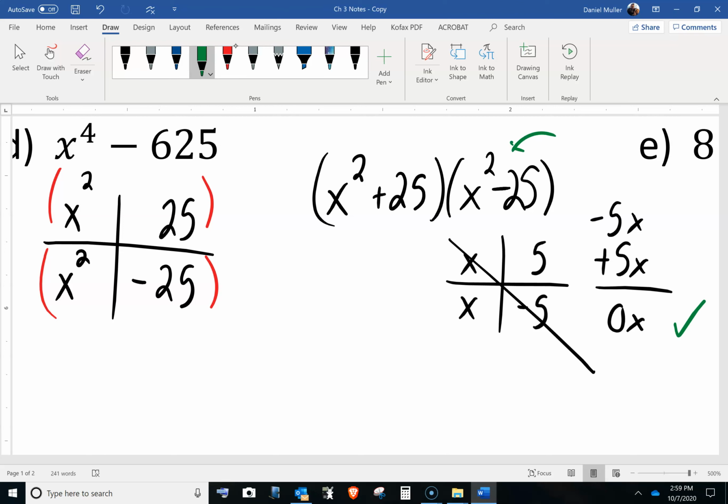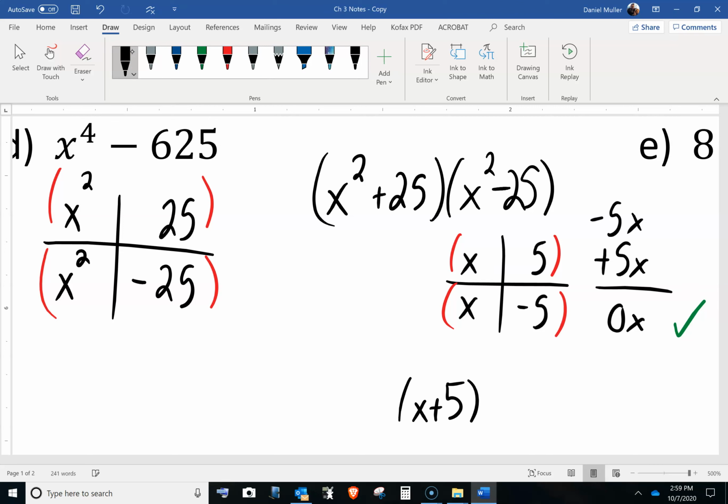There is no x term in there. So what I actually have is this x plus 5 and x minus 5. That's my answer, kind of. So I have an x plus 5 and an x minus 5.